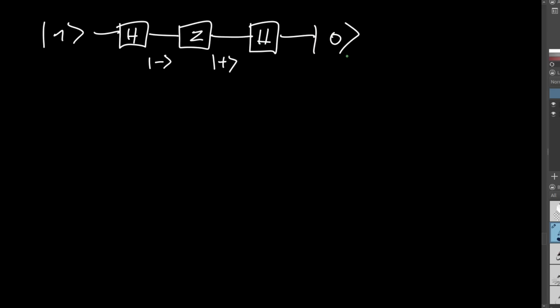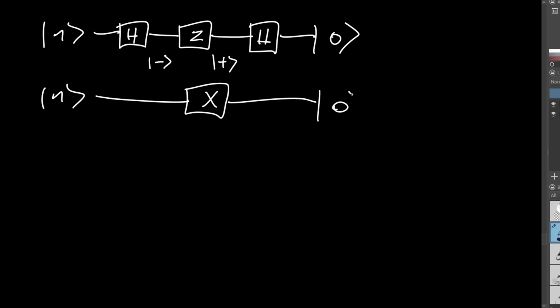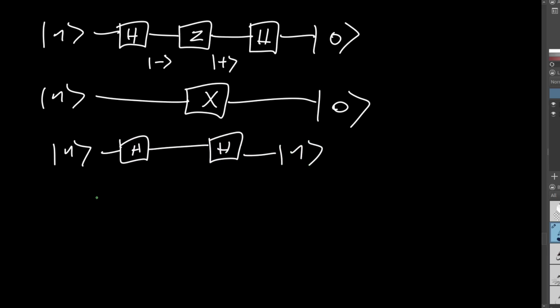Of course you could say, wait, we can just flip it, 1, NOT gate, 0, and that's it. Yes, it's true. The same thing is with a Hadamard gate and then applying a Hadamard gate again, we get the same 1, so we can just not do anything, and it's also going to be 1. So yes, it's true.